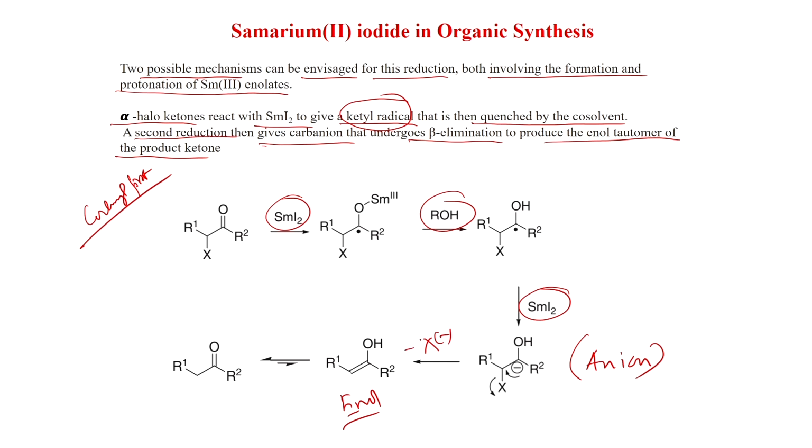So, X minus is liberated. So, this is the beta elimination, and this enol is formed, and this enol is of course a tautomer of the carbonyl compound. So, in this mechanism the carbonyl is first reduced and then the elimination of X minus happens and you get the enol and carbonyl compound.